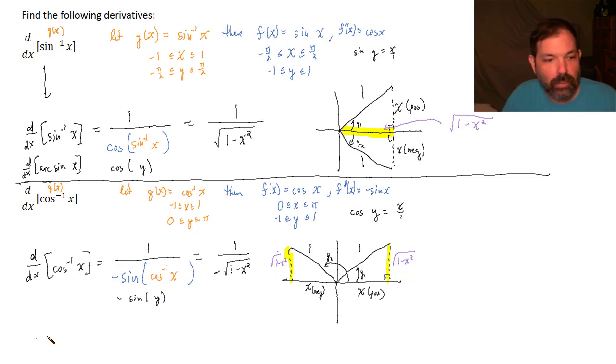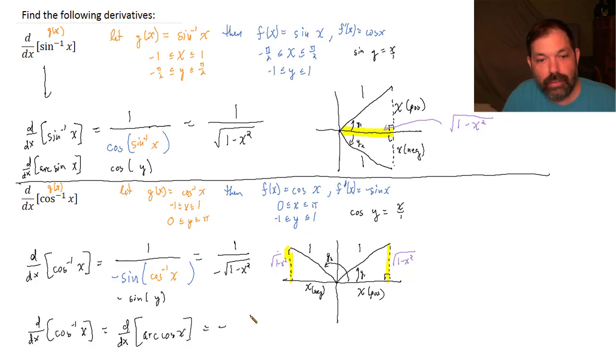And so what we normally write is that d by dx of cosine inverse x, which is equivalent to writing d by dx of the arccosine of x, is negative 1 over the square root of 1 minus x squared. So there's the derivative formulas for the arcsine and the arccosine.